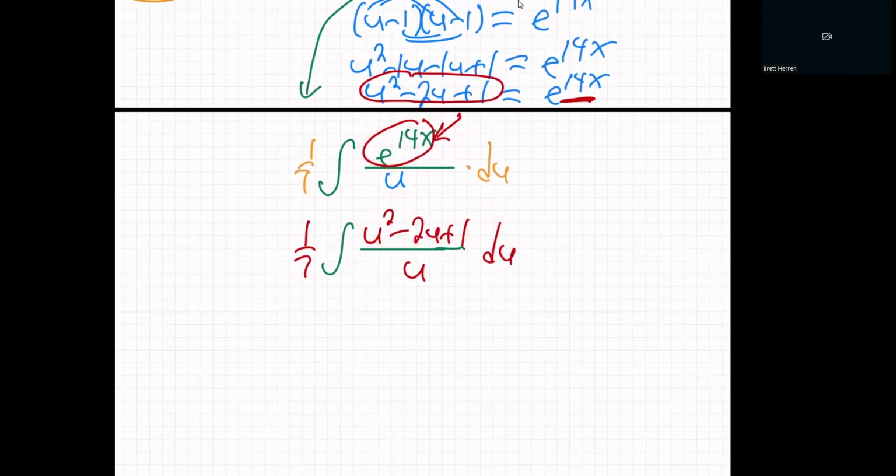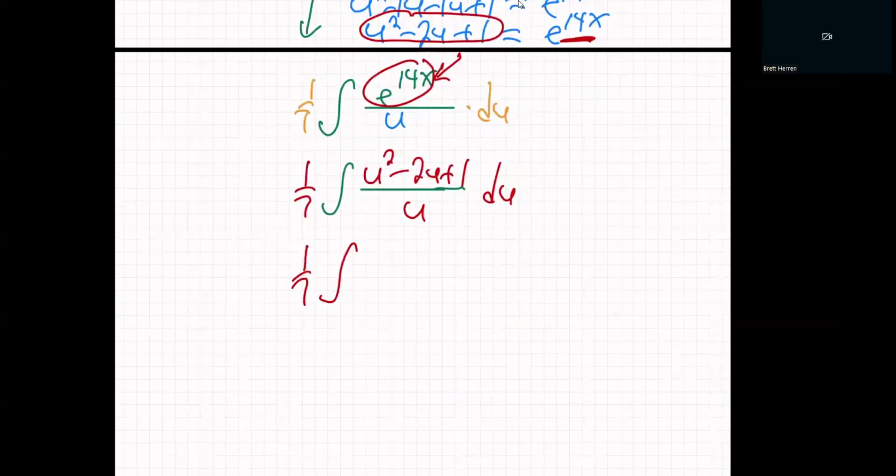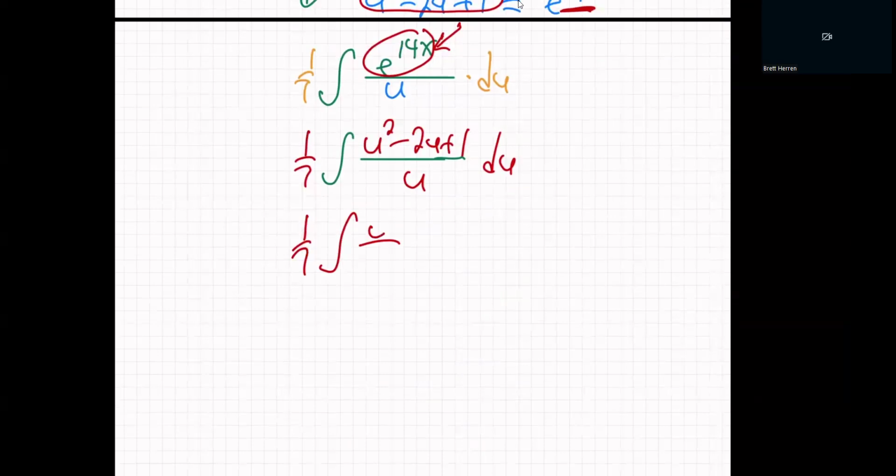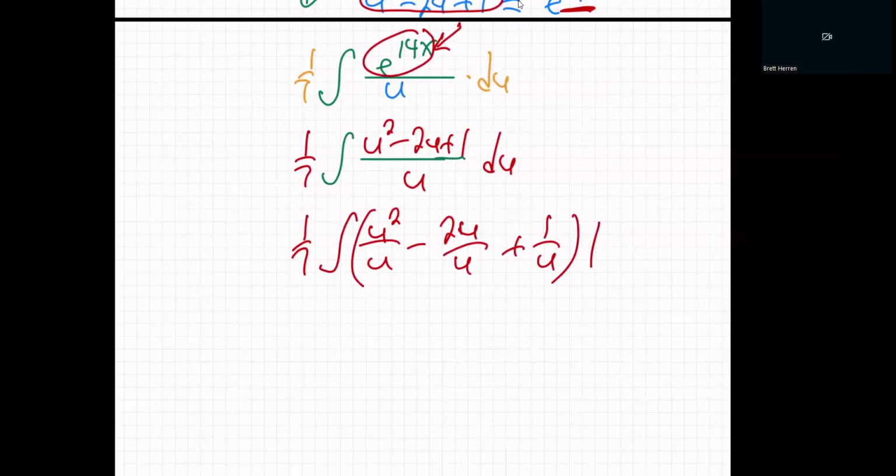Okay, now let's break it up over a common denominator. So now we'll say this is 1/7 integral of, and you can just make it three separate fractions: u squared over u minus 2u over u plus 1 over u du. Just three separate, right? You can do that.